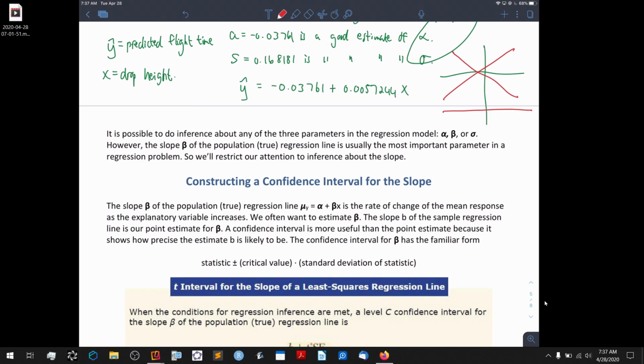Then it's possible that there's no actual change in y for any change in x. If that's a plausible thing based on my regression analysis, then I don't want to do inference to the population. That's useless. Okay, so we're very, very interested in estimating or testing, doing a hypothesis test about the slope of the population regression line, beta.